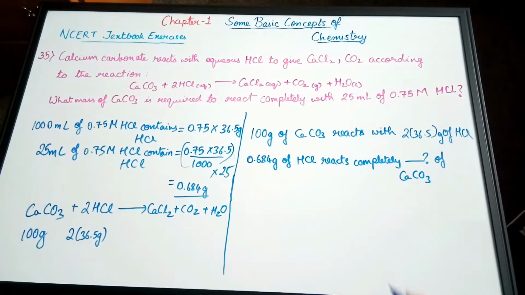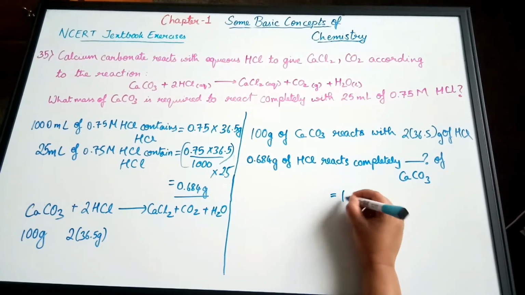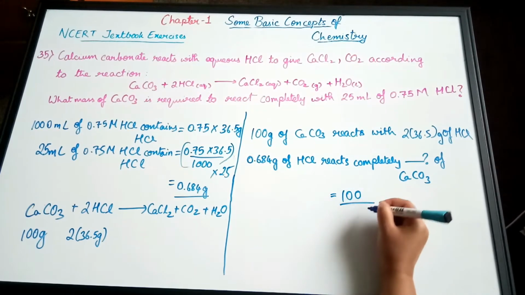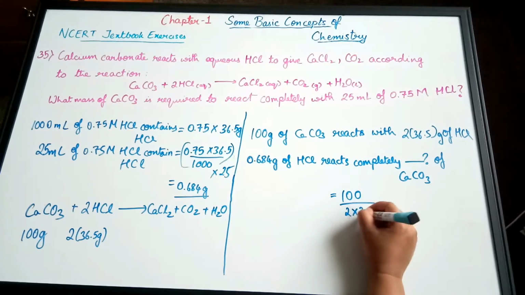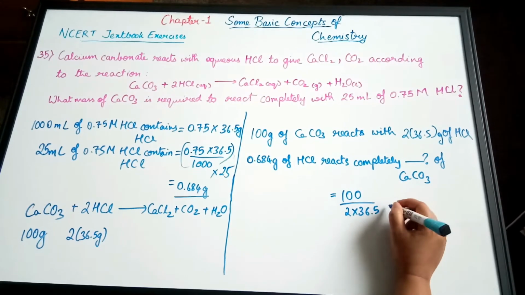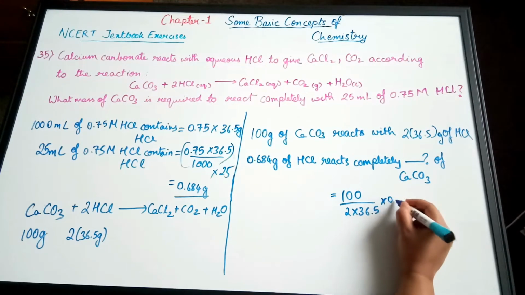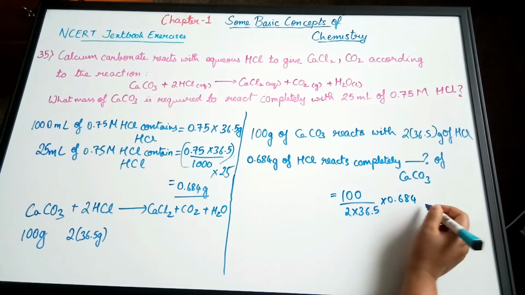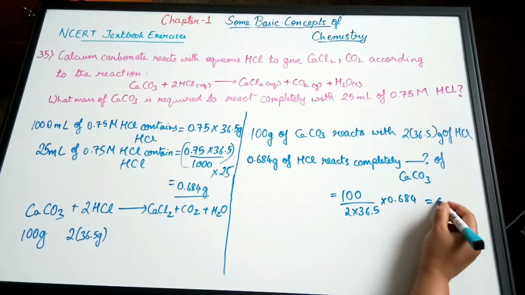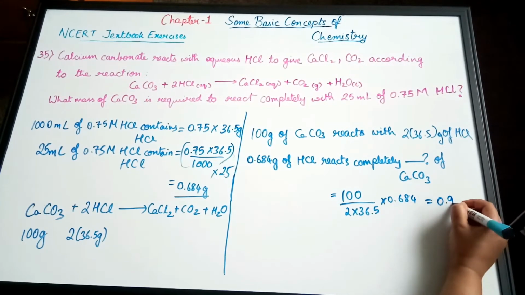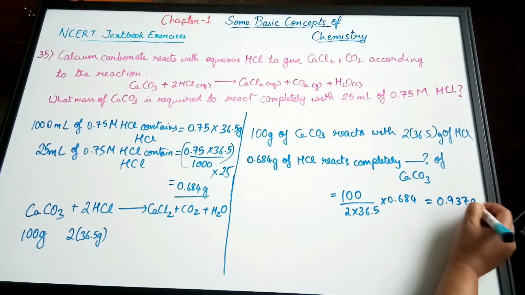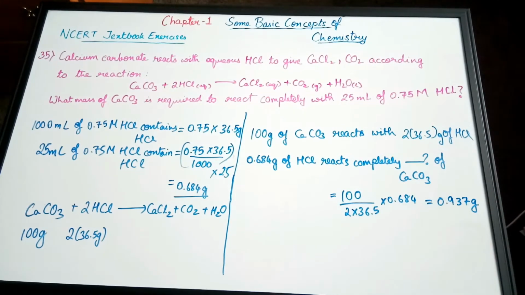That is given by 100 divided by 2 into 36.5, again cross multiplication, into 0.684. When this is simplified, you will get 0.937 grams.